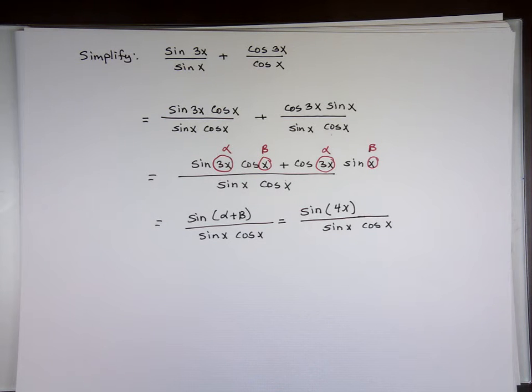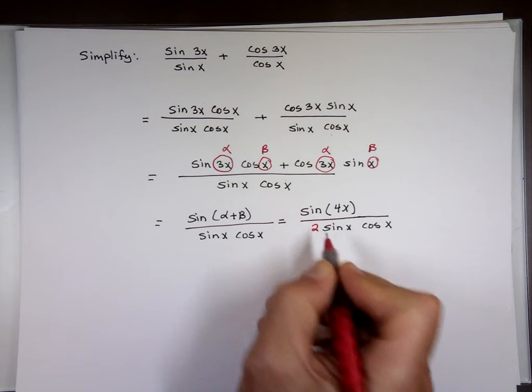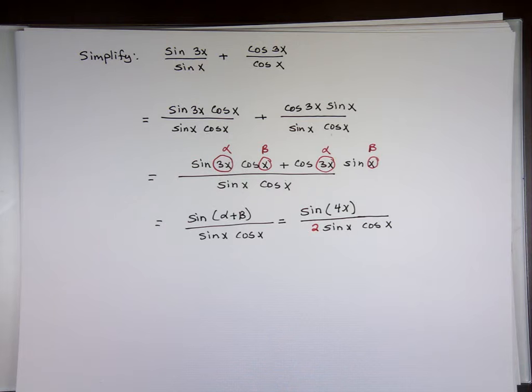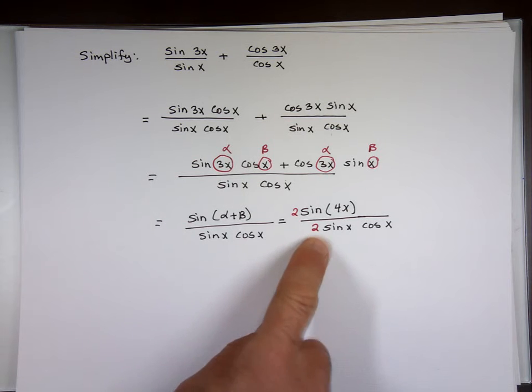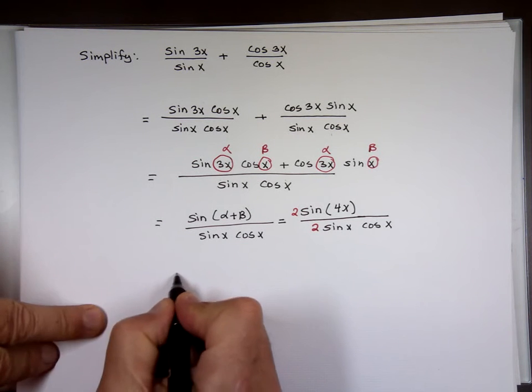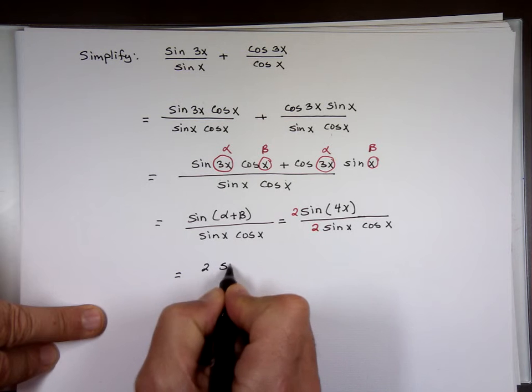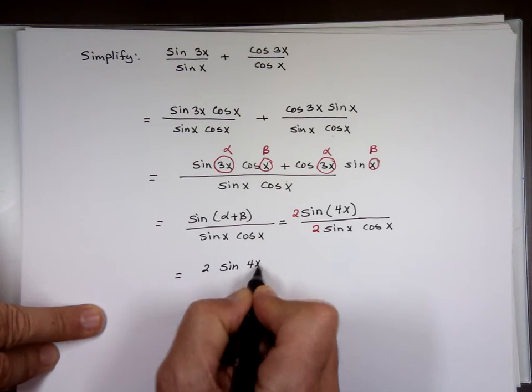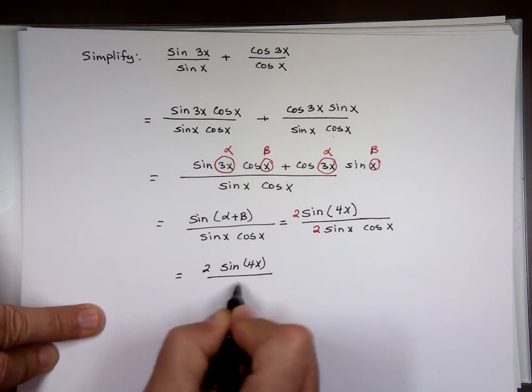I was excited, like if I had a 2 here, that would be nice. But I don't have it. So what can we do? Can I multiply the top and the bottom by 2? You're saying, what's the big deal about having a 2 on the bottom or on the top? So this problem becomes 2 sine 4x over sine 2x.